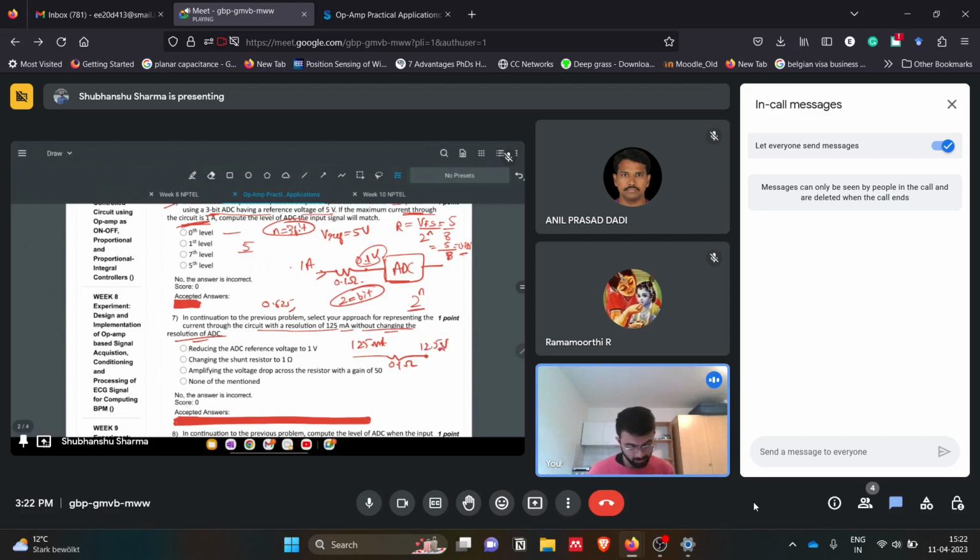If we amplify the voltage drop, 12.5 multiplied by 50, we will get 0.625 volts. This is equal to the resolution of the ADC, so we can use this option, a gain of 50.